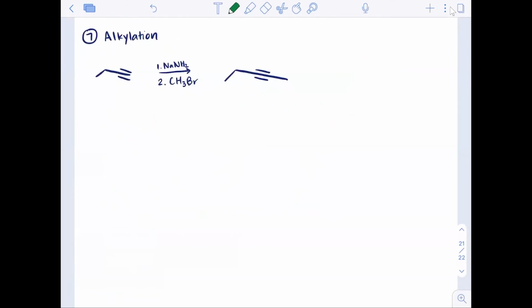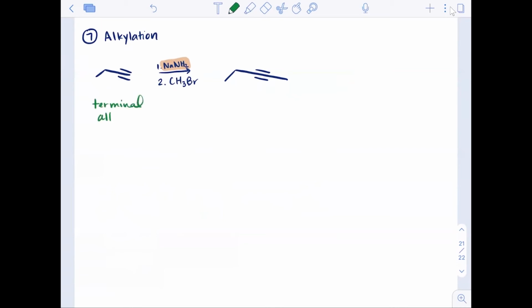All right, alkylation is not an addition reaction. It's our last reaction in this chapter that's not adding to the pi bonds. The pi bonds are actually going to be staying put. The only thing that we are going to be doing is a first acid-base reaction. What we see is a strong reactive base, one that can deprotonate that terminal alkyne.